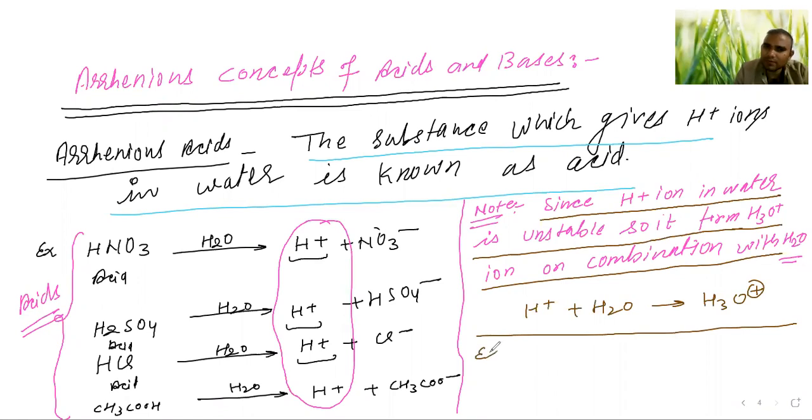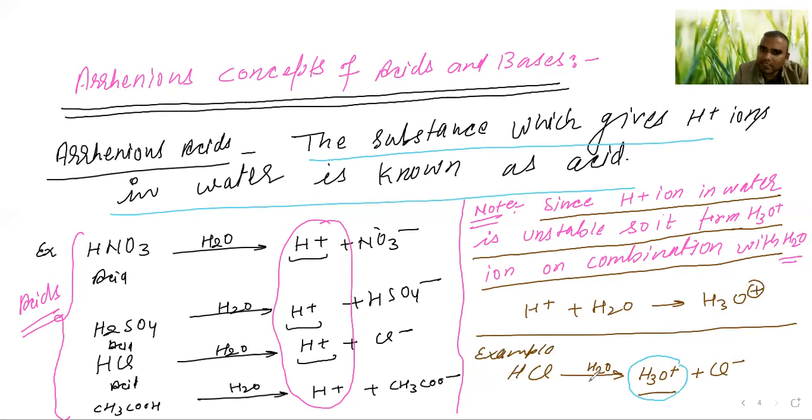Now, example. Suppose I am having HCl. In spite of forming H plus, I am writing H3O plus, and what else is it going to give? That is Cl minus. When you are dissolving in water, H2O, it will give H3O plus and Cl minus. You can ask me from where this H3O plus came, sir.